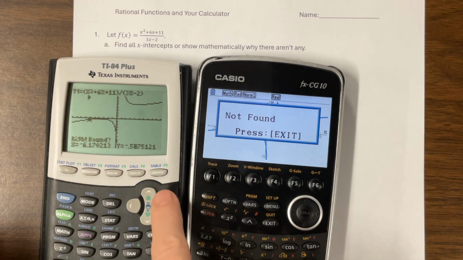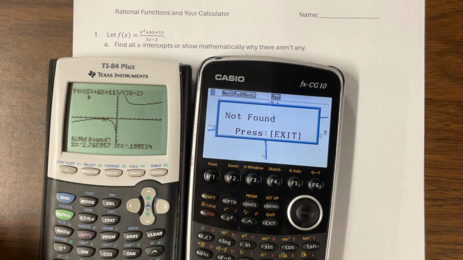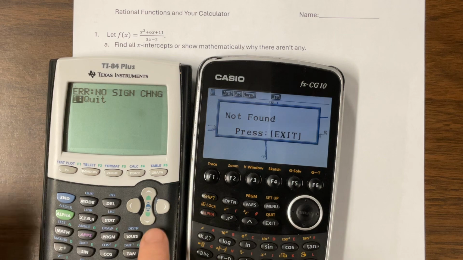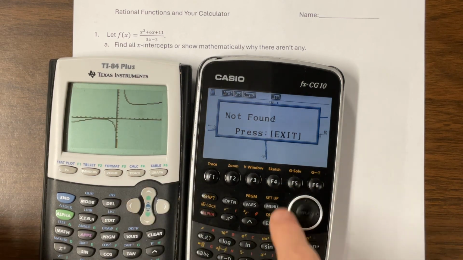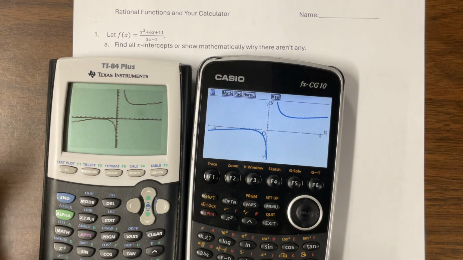So I'd say left bound, scroll over, and I could say -1 would be a right bound. Then I take a guess, hit enter. The CASIO gets a little faster: no sign change. I knew that there wasn't a zero. Hit exit. Okay, so here are the graphs.